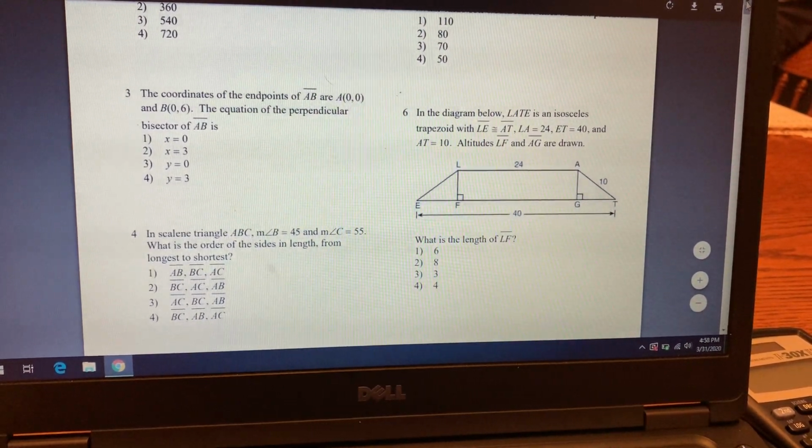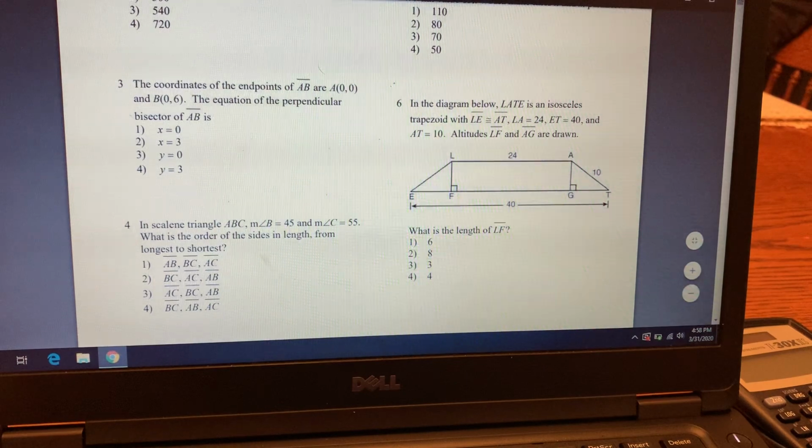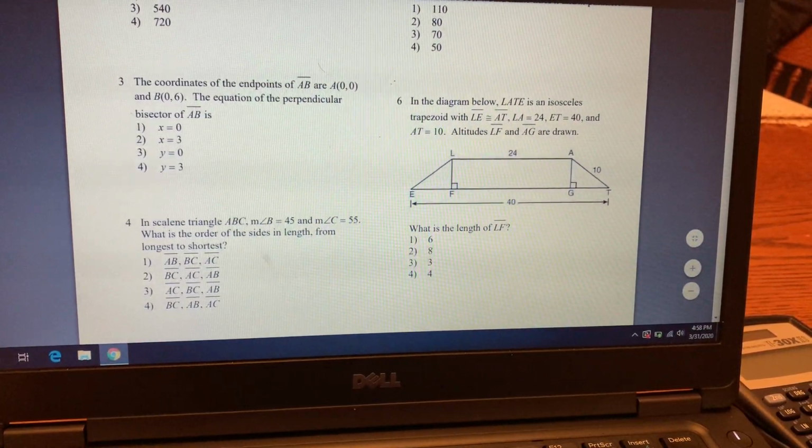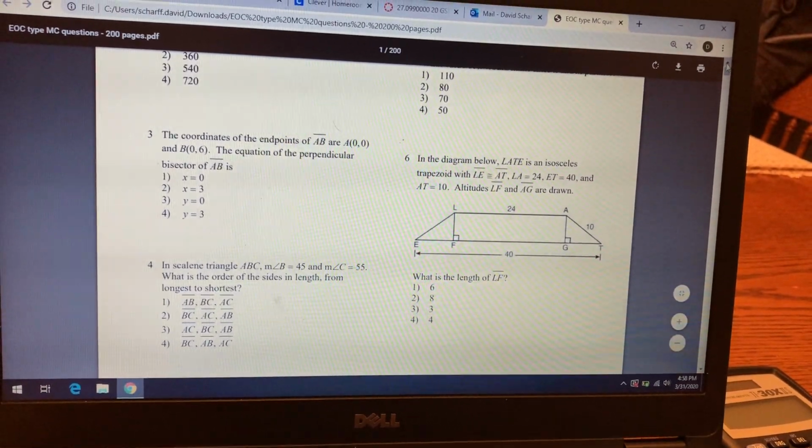LA equals 24, ET equals 40, and AT equals 10. Altitudes LF and AG are drawn. What is the length of LF?